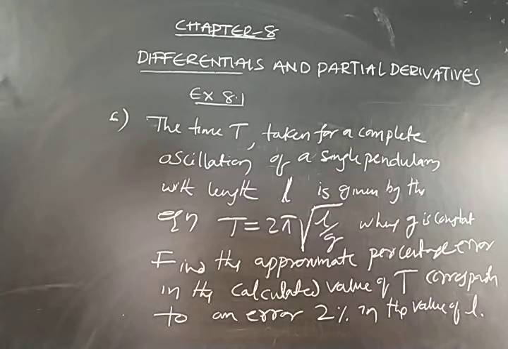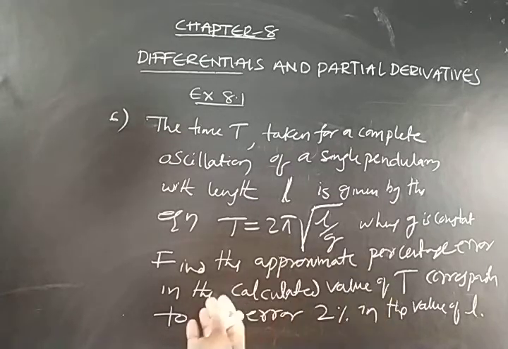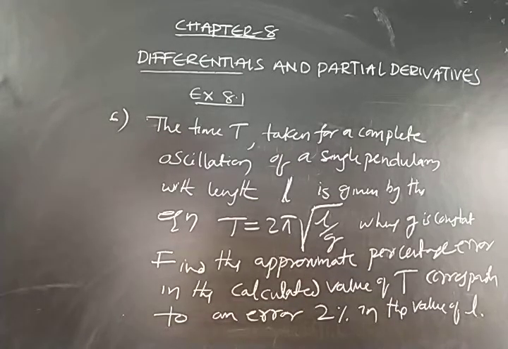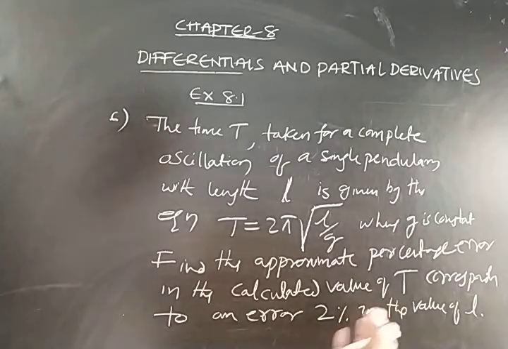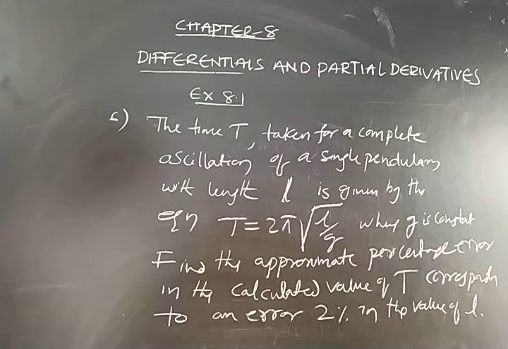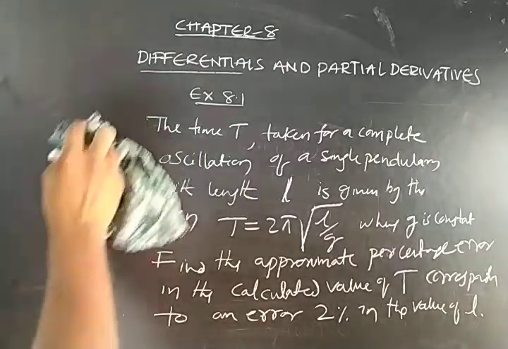Here we are going to find the approximate percentage error in the calculated value of t. We are given that the percentage error in L is 2%. Using that we have to find the percentage error in t using the given equation.